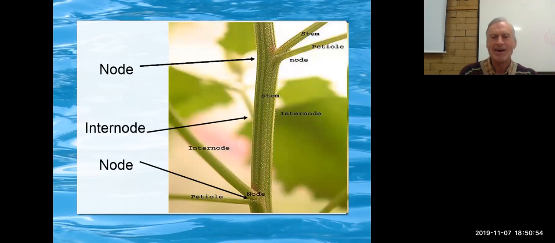So here, good. So we have the nodes and the internode. And on this one, where it says petiole, that's a name for a leaf stalk. So the leaf is on the end of the petiole. So that node there is where the leaf is attached, and there's also a stem coming out of the node.